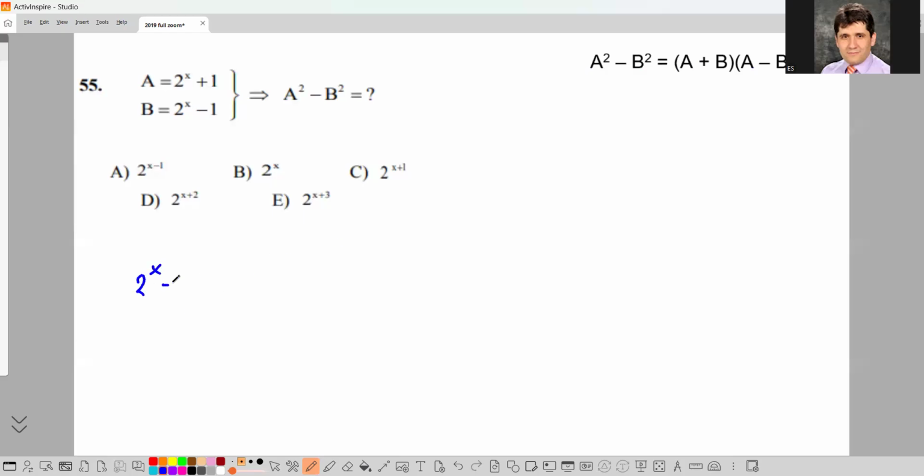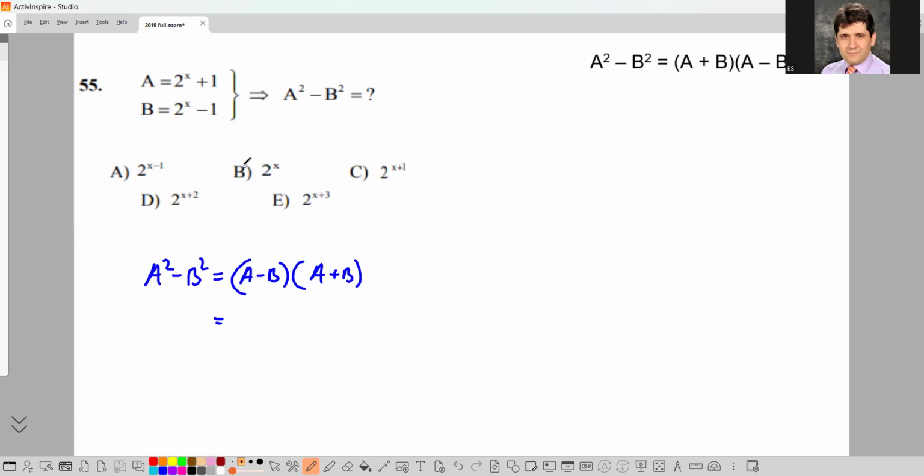Two to the power x plus 1 is a, and now we want this a squared minus b squared. Let's use first the formula. We have a squared minus b squared, which we can rewrite as a minus b times a plus b.